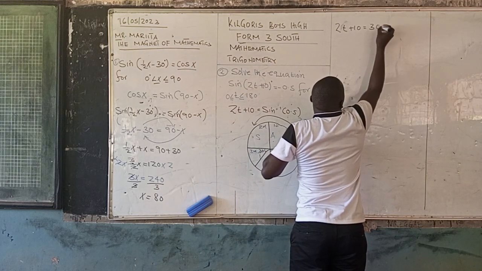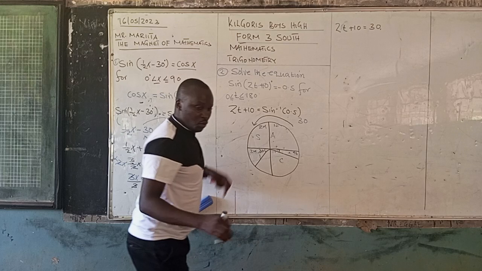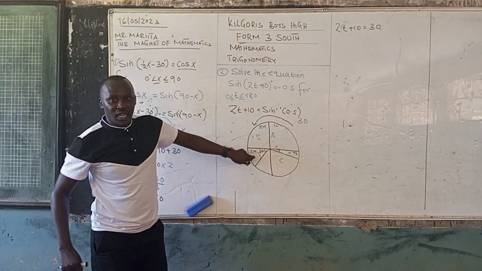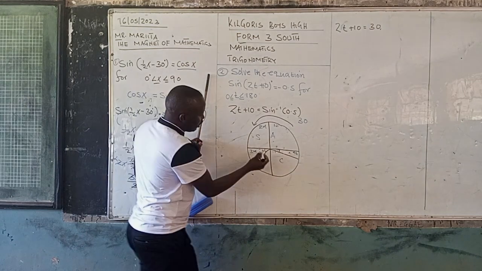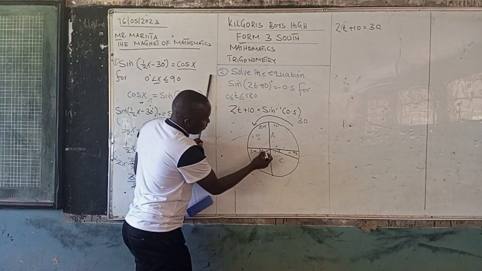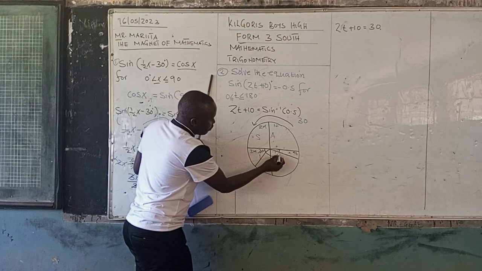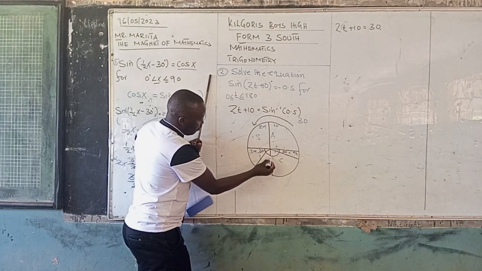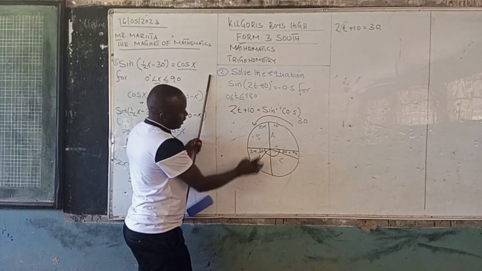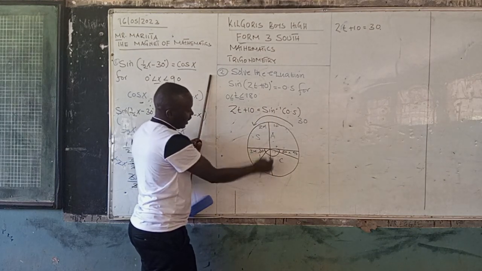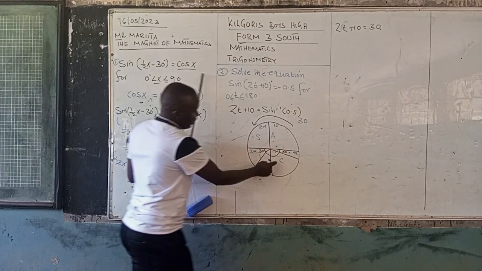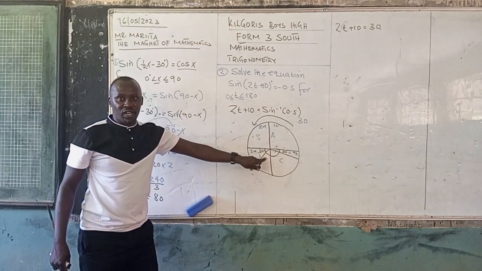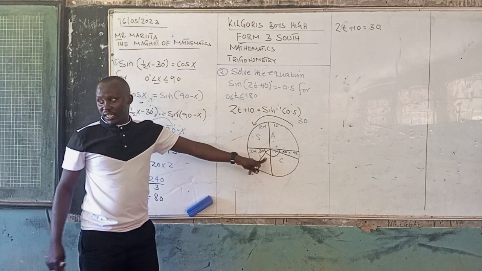You get it from, the 30 degrees is on the third quadrant. To the fourth quadrant, now it means you start now moving from here up to here. So you have another 30 degrees here. So from this point, if you move like this one, you will get the sine is negative in the fourth quadrant.